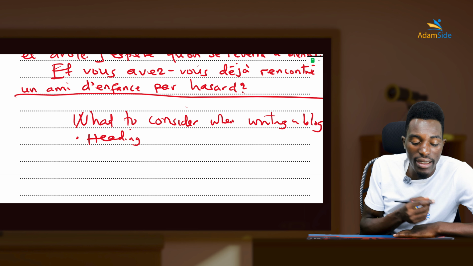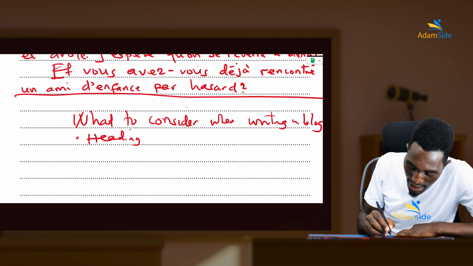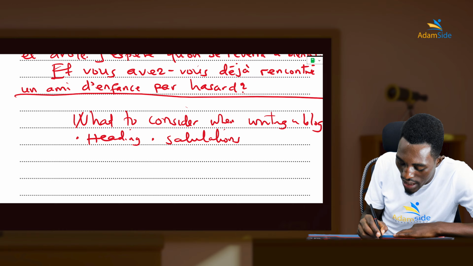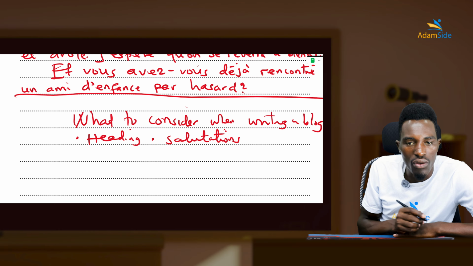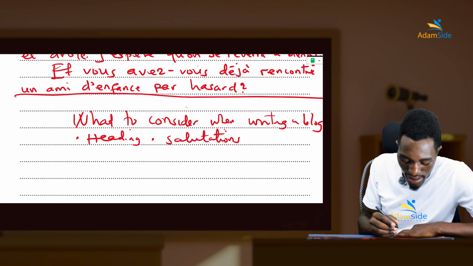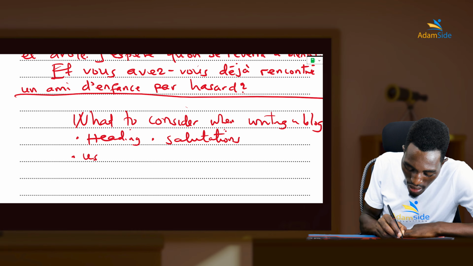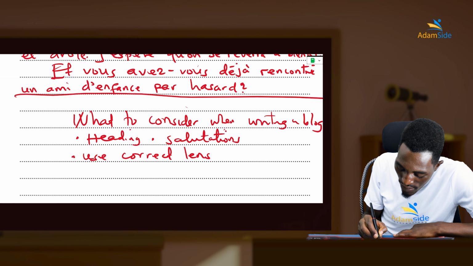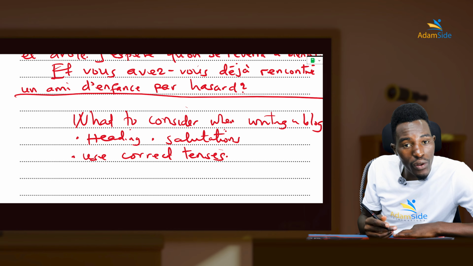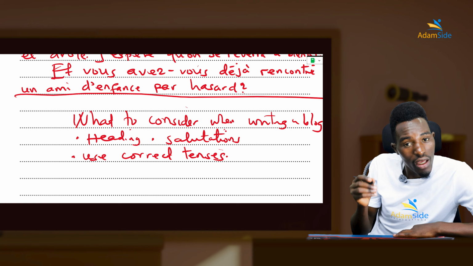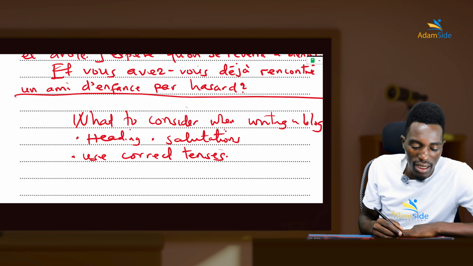Make sure you have written the heading. Salutations. A blog has salutations. Use correct tenses. If it is passé composé, use passé composé correctly. If it is imparfait, use imparfait correctly.